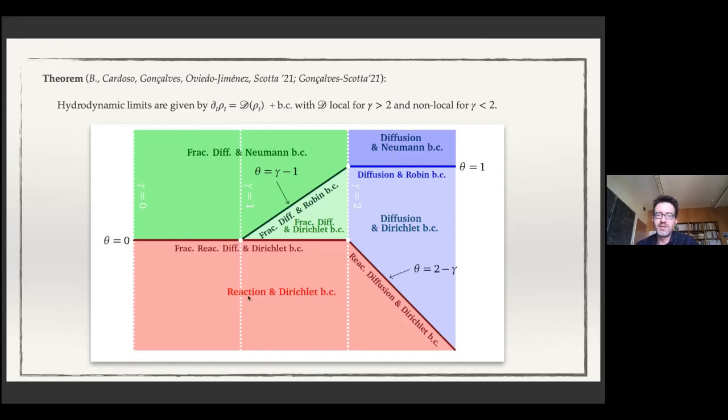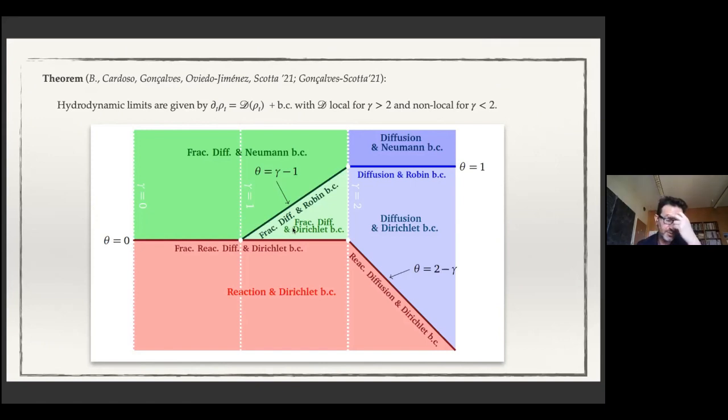But now in the case where gamma is less than 2, it is much more complicated, in fact, because you now have the variance which is infinite. So you can expect that you have some fractional diffusion inside. That is very easy to understand. But you have to impose some boundary conditions, and the boundary conditions are not trivial.